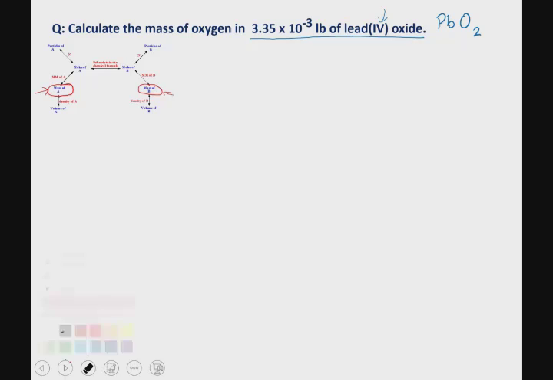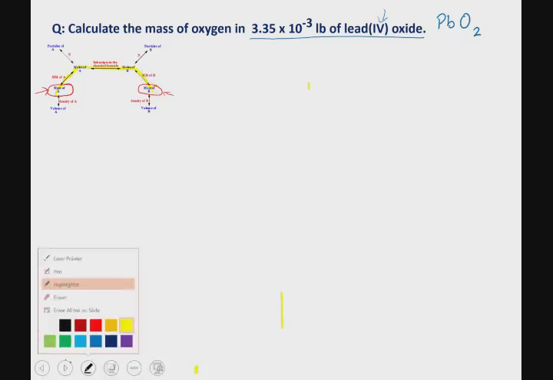Therefore, you can use this picture as a means to figure out the path. We have to go to moles of A, being PbO2 in this case. Moles of A can be converted to moles of B, being oxygen in PbO2, and then moles of oxygen can be converted into mass of oxygen using appropriate conversion factors.